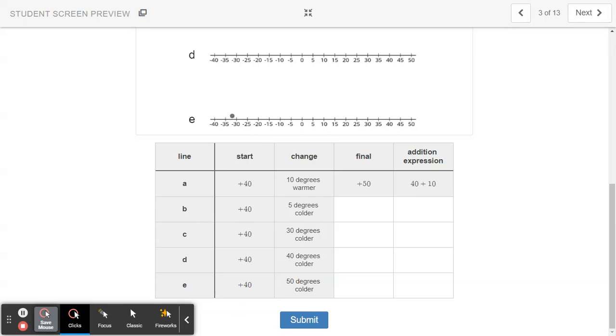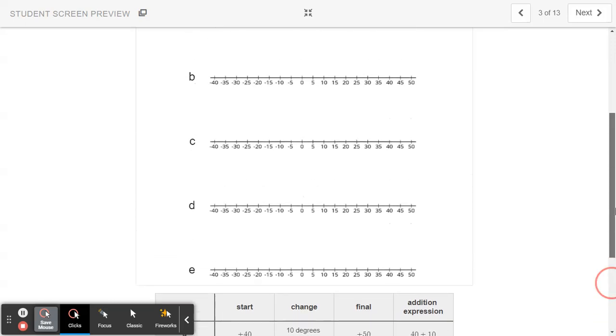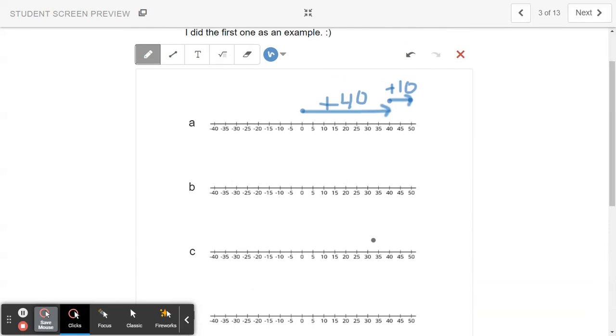I'm also noticing these are all starting the same way, except for this one is getting 5 degrees colder after we started at 40 degrees. So on B, again, my start's going to look the same. I'm going to start at 0, right? And I know that the starting temperature is 40. So I'm going to go to 40. I'm going to draw my little arrow showing the direction, right?